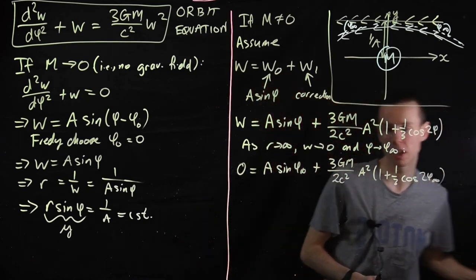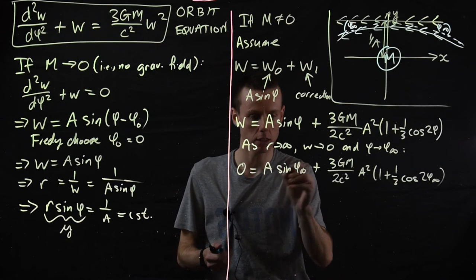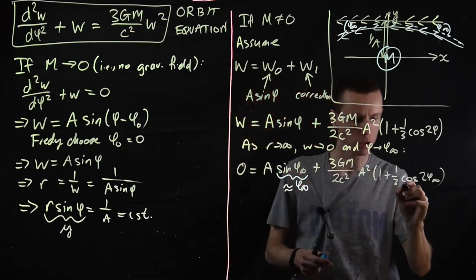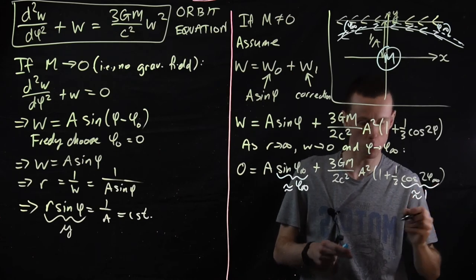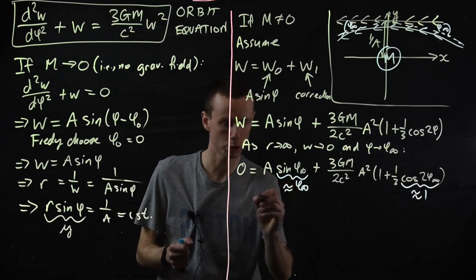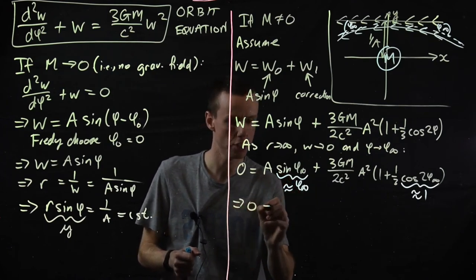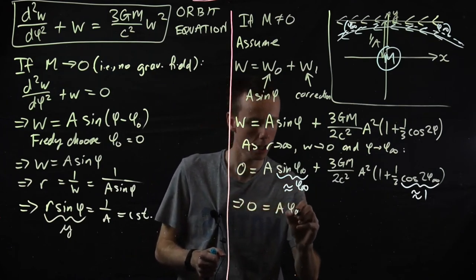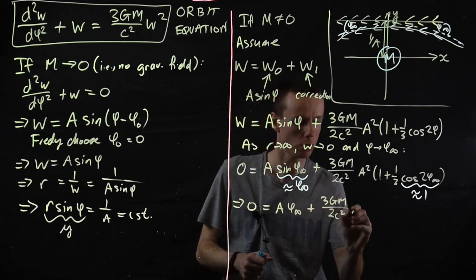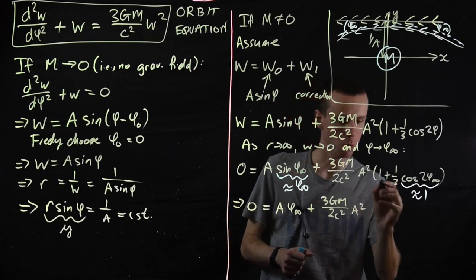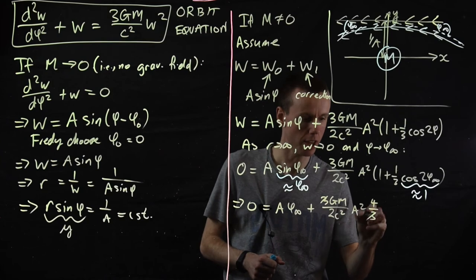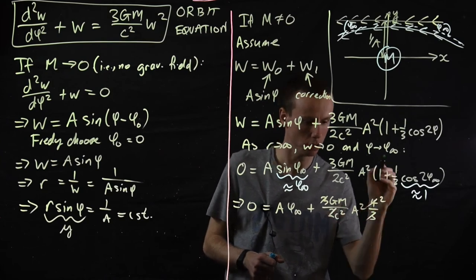So we can use the Maclaurin series for sine. Approximately this will just be phi infinity, and the cosine over here will be approximately 1. Making those lowest order approximations, we get 0 is equal to a times phi infinity plus 3GM over 2c squared a squared times 1 plus a third, which is 4 thirds. That 3 will cancel that 3, and 4 divided by 2 is just 2.